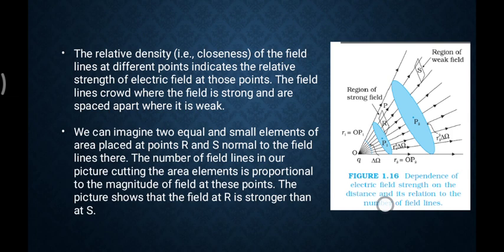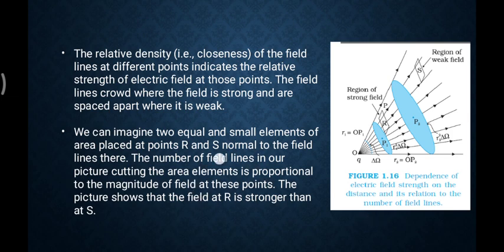Now, keeping the same direction, we just shift the card farther away to position S. The number of field lines passing through the same area is less. It means that per unit area, the number of field lines associated with that area reduces as we go away from the system.